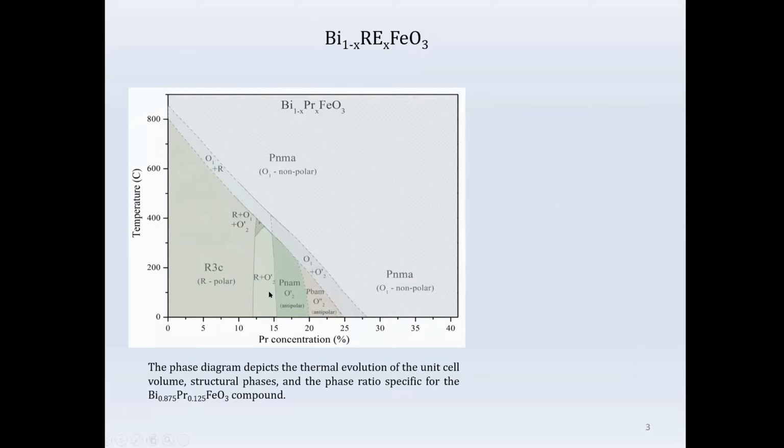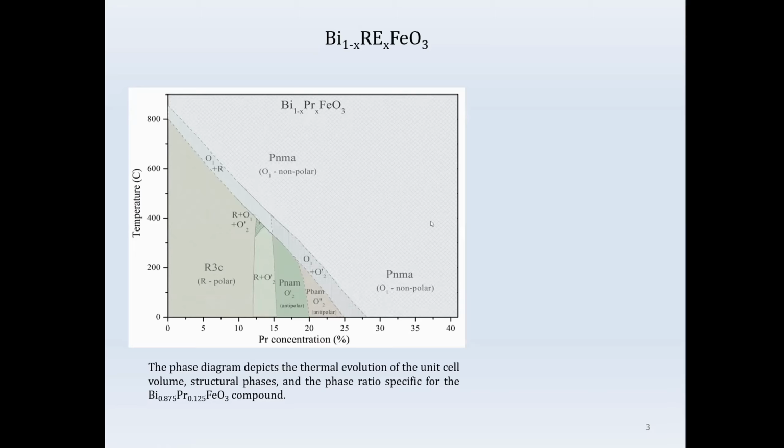Say for praseodymium, as a function of dopant content, we come from the polar phase, R3C, to a non-polar orthorhombic one, through some intermediate phases. The intermediate ones are orthorhombic, but antipolar.